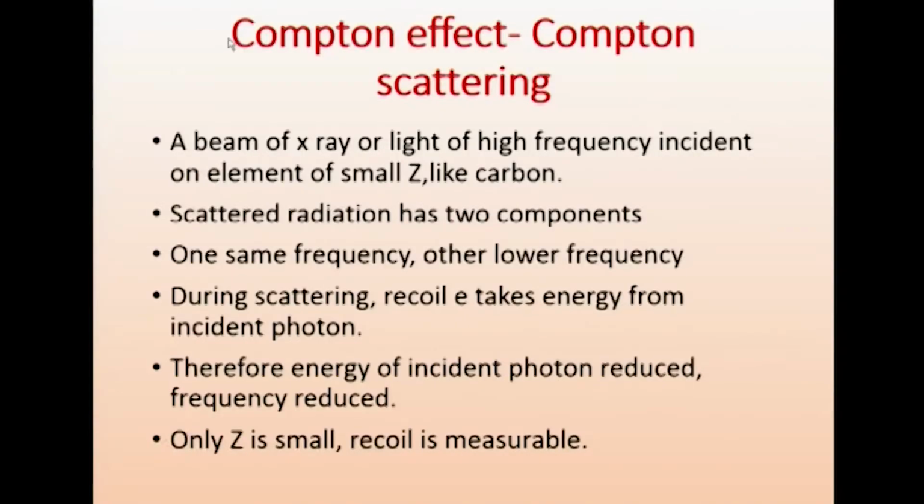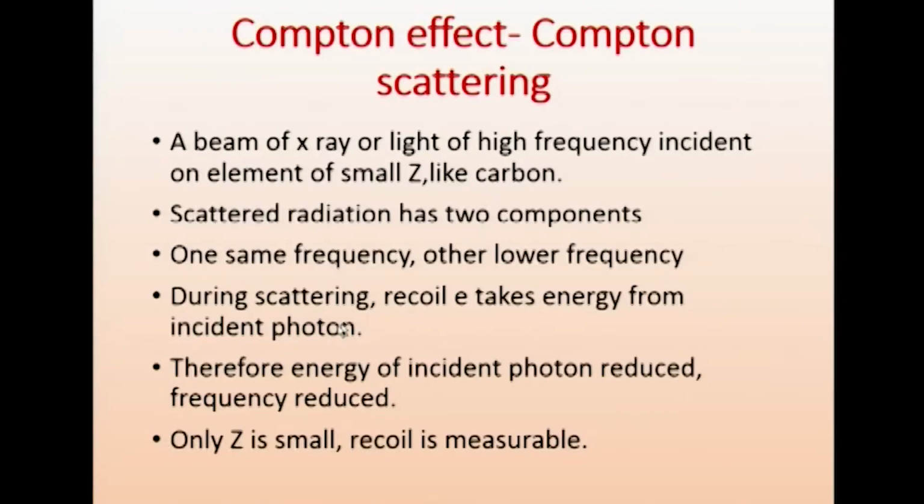There is another phenomenon called Compton scattering or the Compton effect. When a beam of X-ray, or a light of high frequency (X-ray is also a light of high frequency), is incident on an element of small Z like carbon, which has atomic number 6, the light gets scattered, reflected.